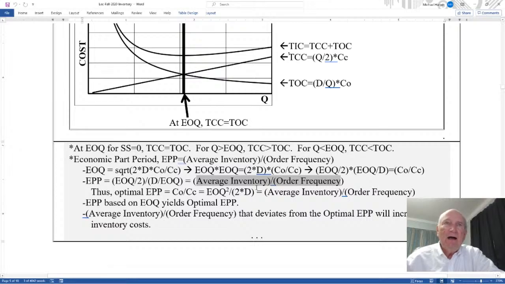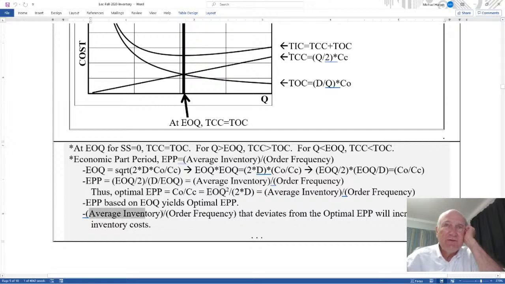Okay. Well, notice at EOQ, this ratio represents the ratio of the ordering cost to the carrying cost. At the optimal EPP, this ratio equals the ratio of the ordering cost to the carrying cost. And EPP is based on EOQ, which yields an optimal EPP. So you can calculate this number, whether the lot size is at optimal or not.